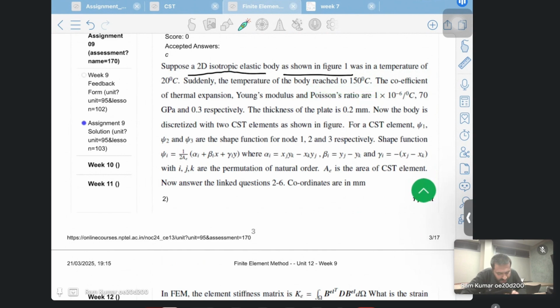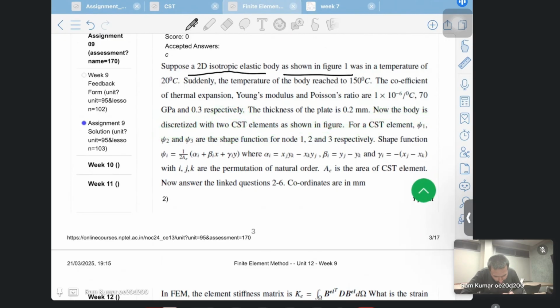Suddenly the temperature of the body reaches this much. The coefficient, okay, this much is given, all their parameters. Now the body is discretized with two CST elements, as in the figure. What is CST?